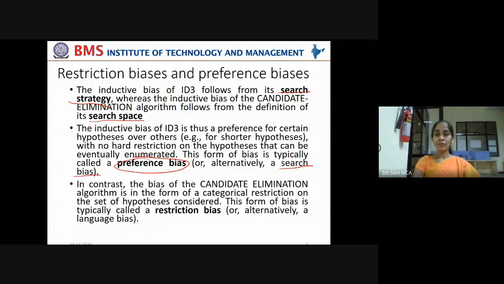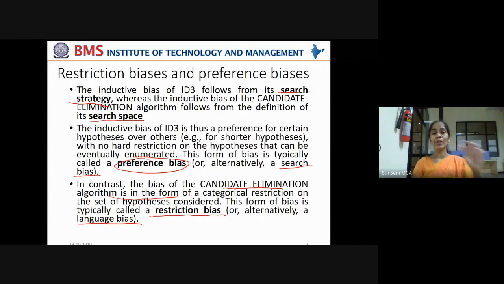The bias of the candidate elimination algorithm is in the form of a categorical restriction on the set of hypotheses considered. There is a restriction on the hypothesis being considered. If the hypothesis is not consistent with the training examples, remove it. It is not fit to be in the hypothesis space. This form of bias is typically called restriction bias, or simply we can call it language bias. Why do we call it restriction bias?